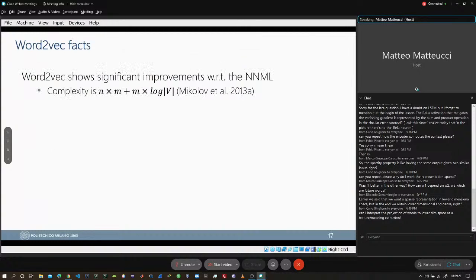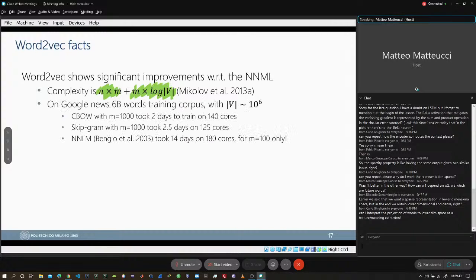Let's see the complexity. You have the encoding, and then by this trick of speeding up the learning, you have a complexity of m times log of the vocabulary. Very fast, they were able to train this with 6 billion words, with a vocabulary of 10 million words.